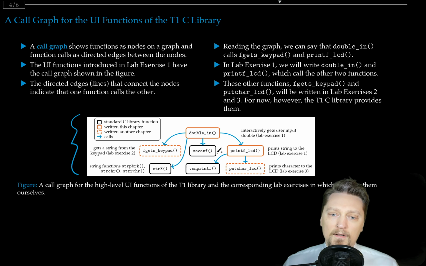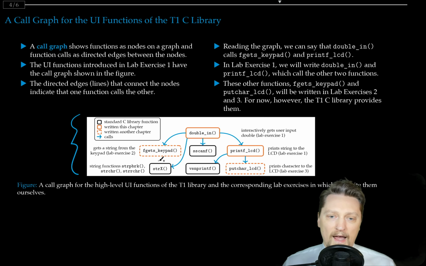These other functions that are in black boxes are standard C library functions that will also be called by double in, fgetskeypad, printf LCD, and putchar LCD. The ones in dashed orange boxes will be written in lab exercises 2 and 3.